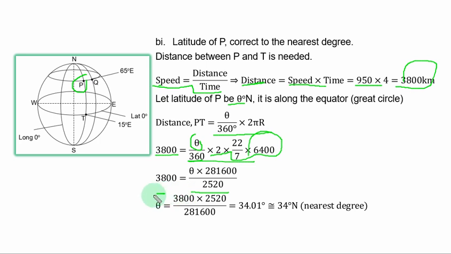You make theta the subject, you multiply 3,800 by 2,520 and divide by 281,600. You have it in this form, and that is 34.01 degrees. To the nearest degree, you have 34 degrees north as the latitude of P.